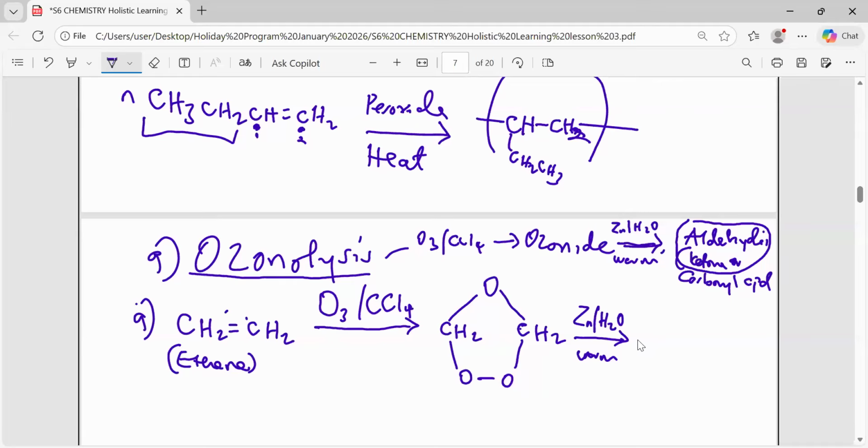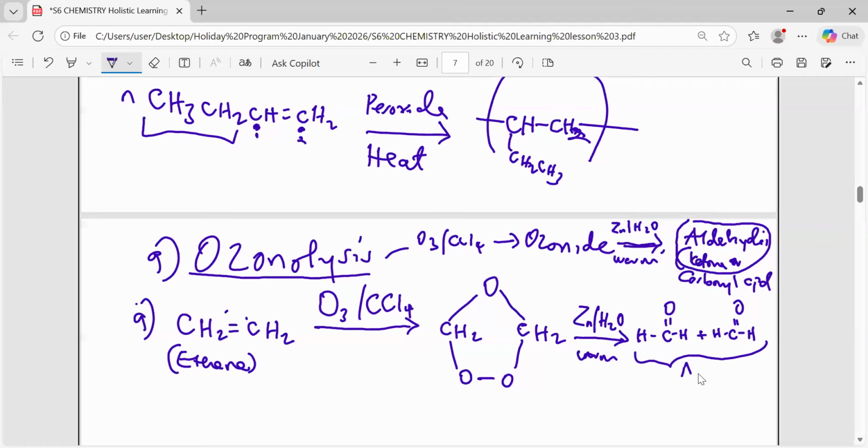So which means we're going to form 2 aldehydes, and that is the methanal group, and also this one will form another methanal group. So all these are methanal compounds.